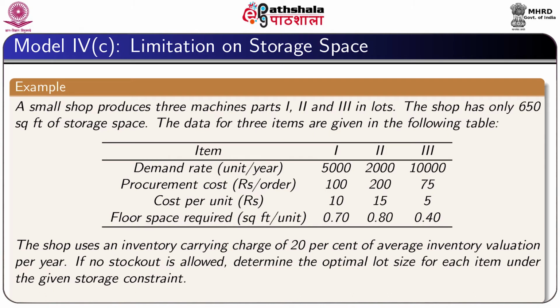The shop uses an inventory carrying charge of 20% of average inventory valuation per year. If no stock out is allowed, we have to determine the optimal lot size for each item under the given storage constraint.